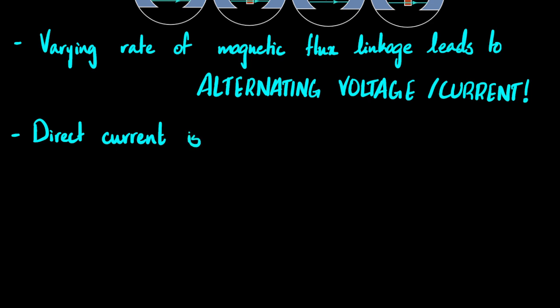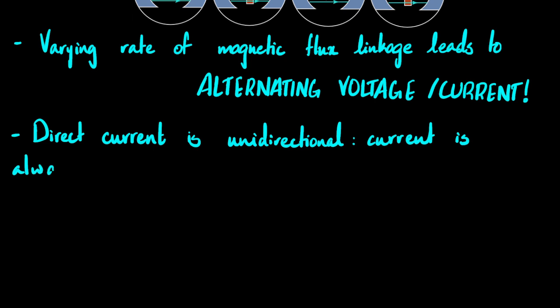In one word, direct current means that the current is unidirectional. So the current always flows in the same direction, and obviously that would also mean that the voltage is in the same direction.